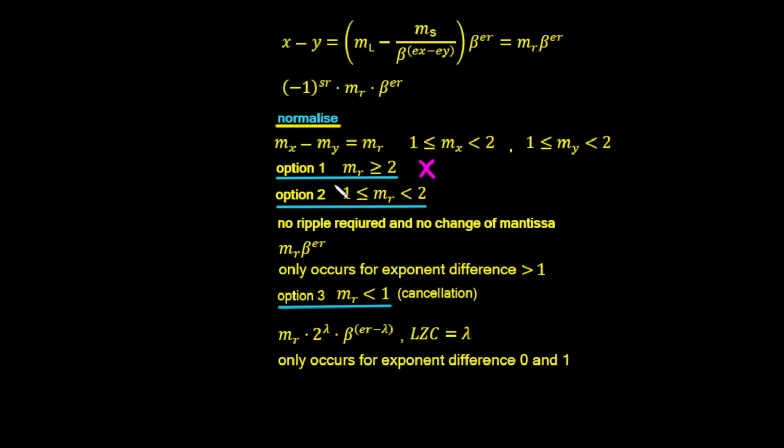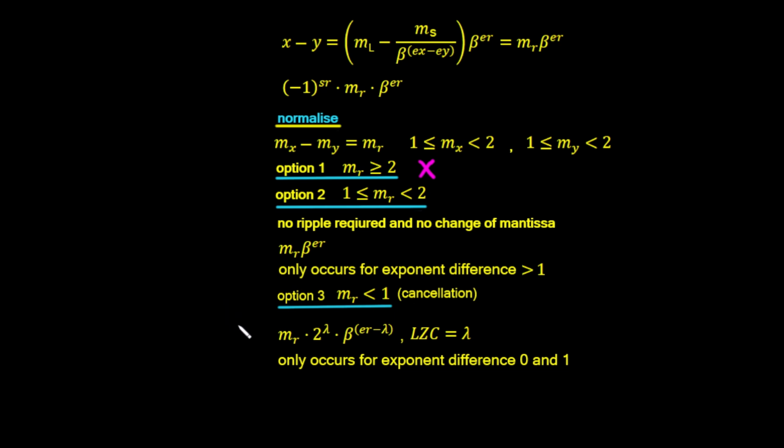Now we have options here, so if the result of the mantissa is greater than or equal to 2, well, that can't actually occur. We've got the option the result is between 1 and 2, in which case we don't have any ripple occurring and we don't have any change in the mantissa. So this is the simplest case.